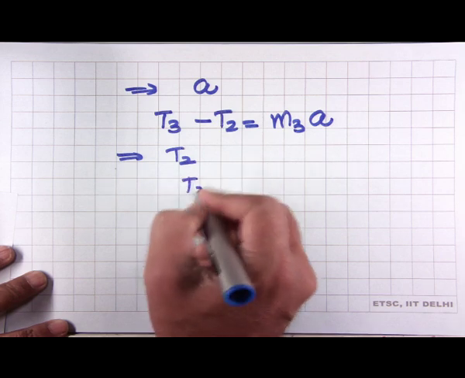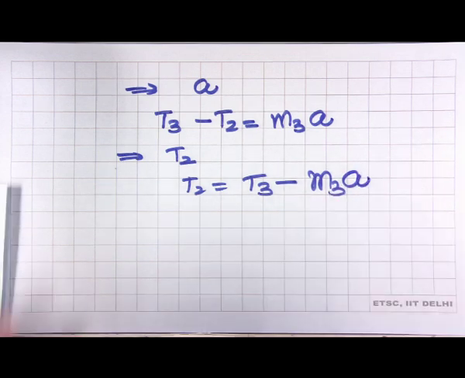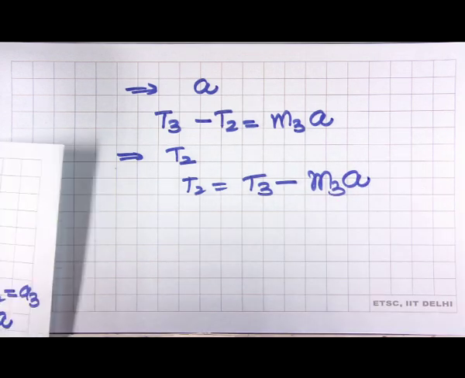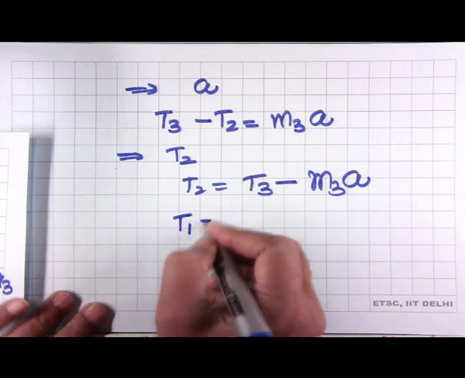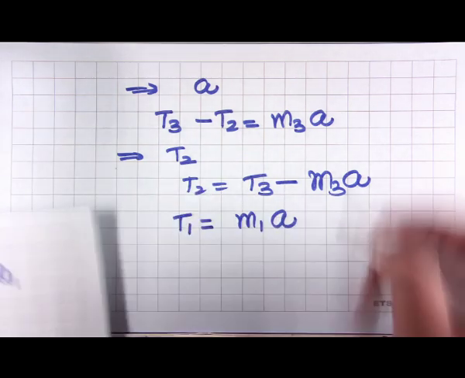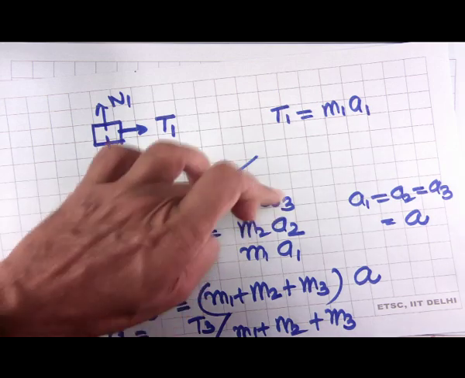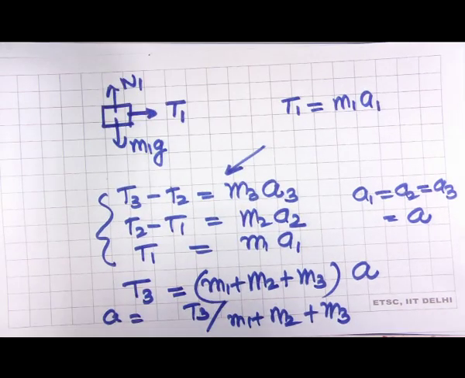T2 will be equal to T3 minus M3 times A, and then we can go to the first equation, T1, which we already know is equal to M1 times A. So we can solve the value of T1, T2 and A. These are the three unknowns. T3 was given to us, there was one unknown, acceleration. So we can solve a problem like this.